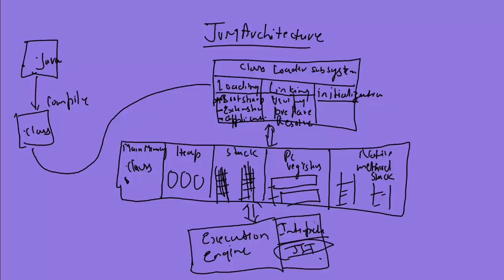First time when I load the .class file, this interpreter will read it completely once. Then when there is repetitive code, there's something inside the just-in-time compiler called hotspot, which is called the profiler. It will read the .class file and figure out where all the repetitive code is, and wherever I am invoking the same method a number of times, then comes the role of the just-in-time compiler.